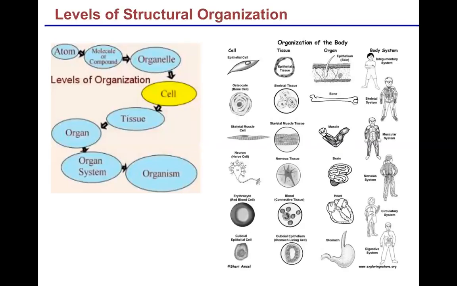So going next to the levels of organization, that is, how are these organ systems or organisms made up? We'll go from the smallest system to the organism, which is the highest level of organization. So it starts with atoms. What are atoms? Atoms are the smallest substance known.